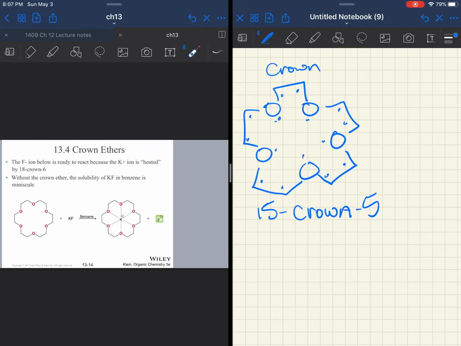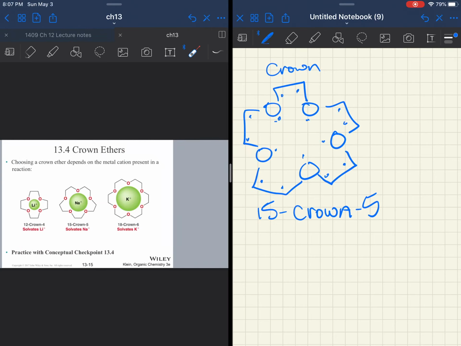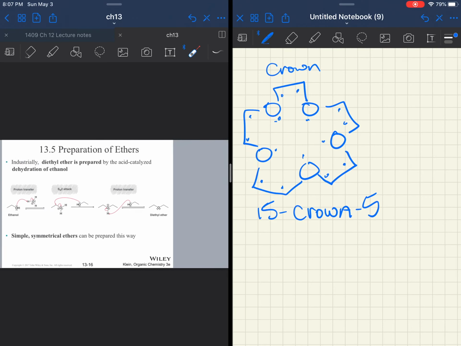So if you need a fluoride ion, a lot of times you're going to be working with crown ethers. And the different ethers are all perfectly sized for different cations, right? If you wanted to solvate lithium or sodium, you would just use one of the smaller crown ethers. You should know how to name them.